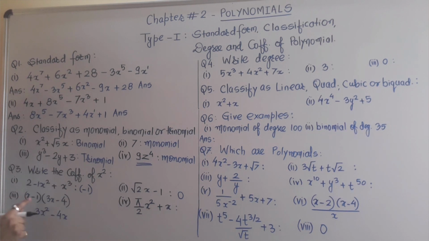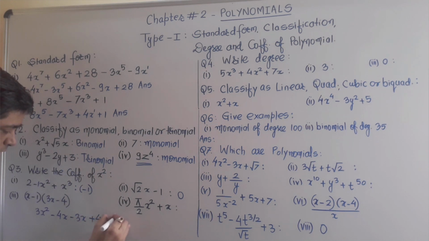Now minus 1 multiplied into 3x is minus 3x, and minus 1 and minus 4 multiply: minus into minus is plus, and 1 into 4 is 4. So this becomes x square minus 7x plus 4.